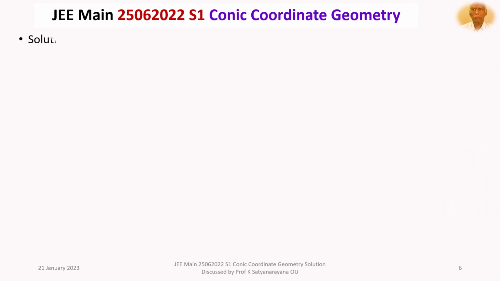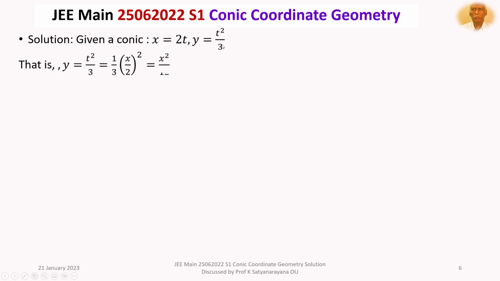We now discuss the solution of the problem in detail. We are given a conic in a parametric representation, x is equal to 2t, y is equal to t square by 3, where t is a parameter. So what is this conic? For that, we take y is equal to t square by 3, that is 1 by 3 into t square.